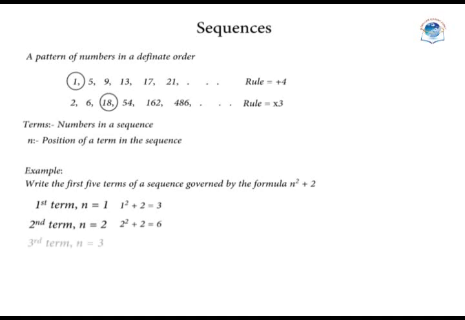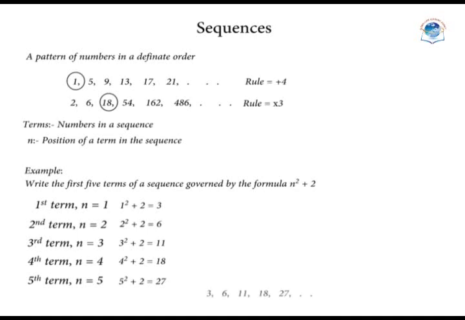Third term, n is 3, and so 3 squared plus 2 is 11. Fourth term, n is 4, and so 4 squared plus 2 gives us 18. And finally, fifth term, n is 5, and so 5 squared plus 2 is 27. The sequence is therefore 3, 6, 11, 18, 27.